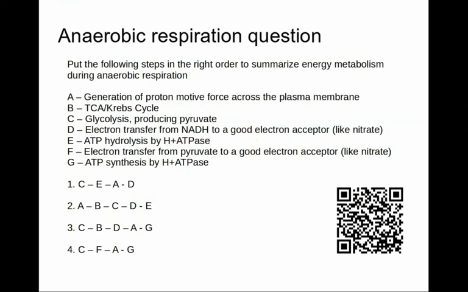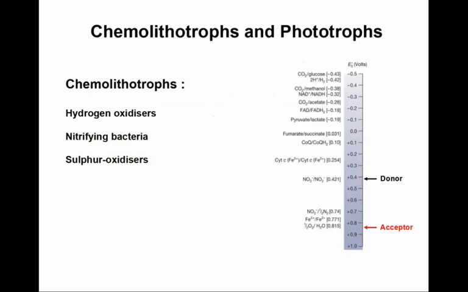Okay, so that's using carbon as an energy source, either by fermentation or respiration. Now we have to think about autotrophs, chemotrophs and phototrophs. So here we have bacteria that do not have access to organic carbon.